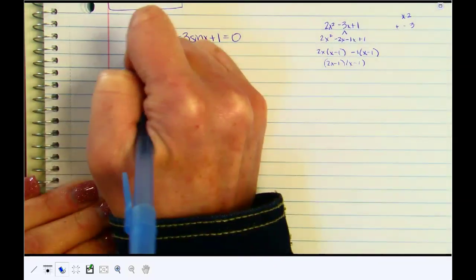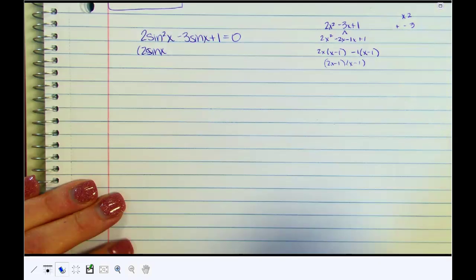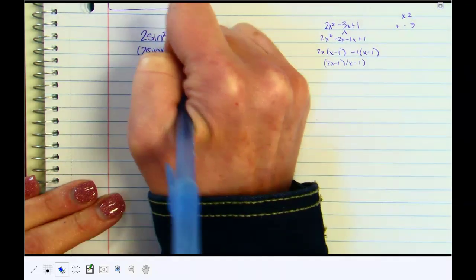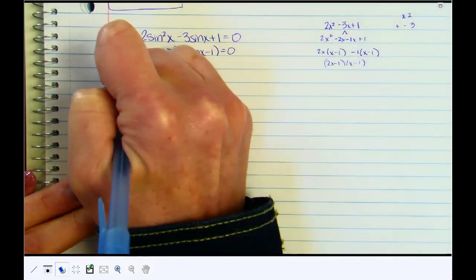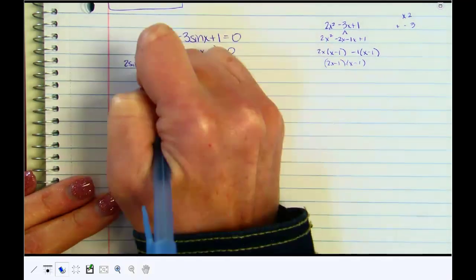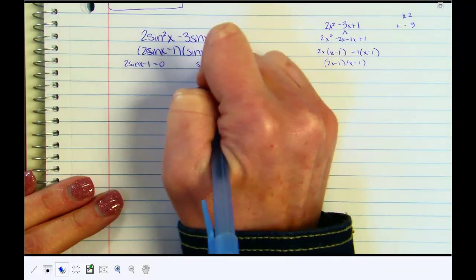So 2 sine x minus 1 times sine x minus 1. So you're solving 2 sine x minus 1 equals 0 and sine x minus 1 equals 0.